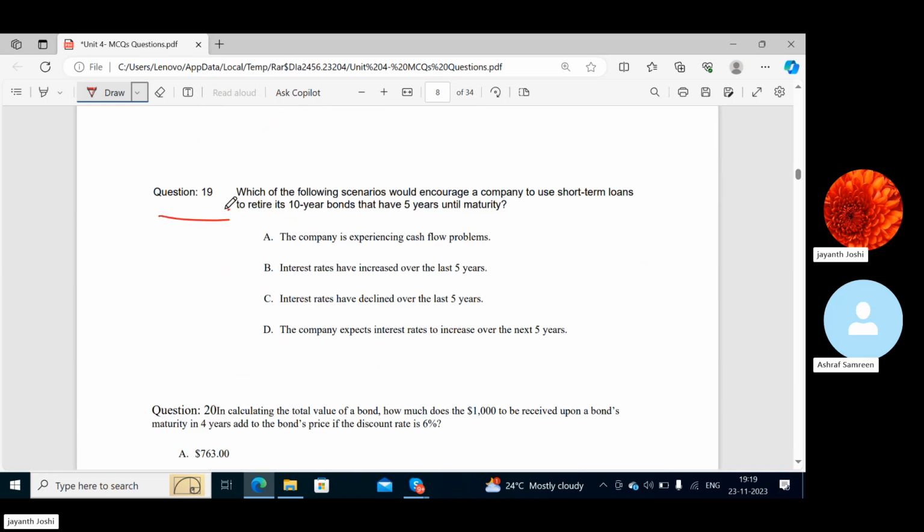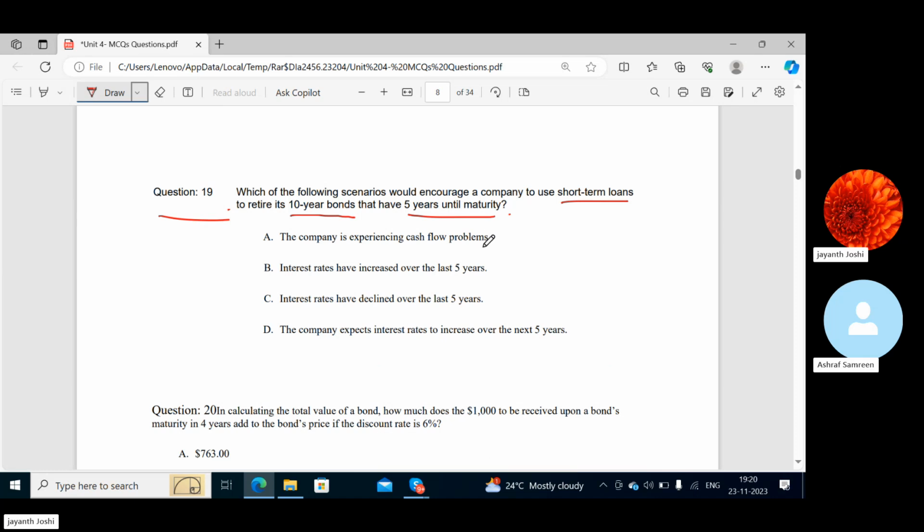19th. Which of the following scenarios would encourage a company to use short-term loans to retire its 10-year bonds that have 5 years until maturity? They will take short-term loans to pay their 10-year bonds, with 5 years still left.